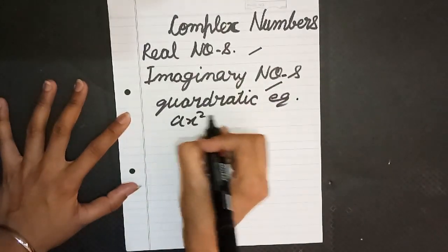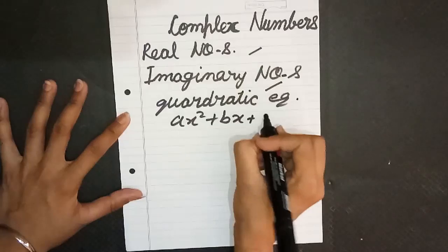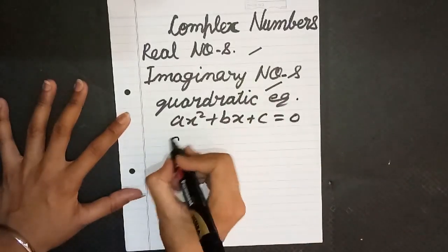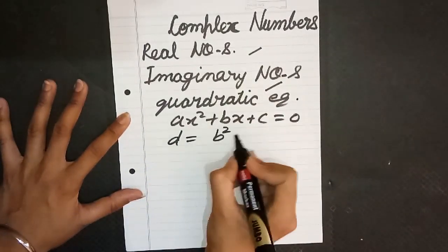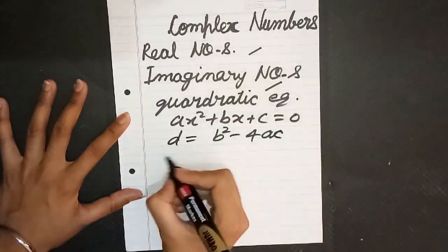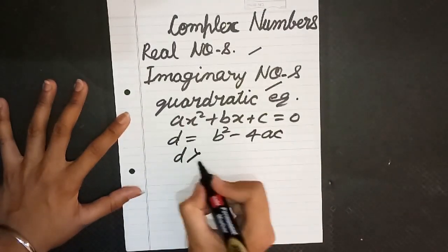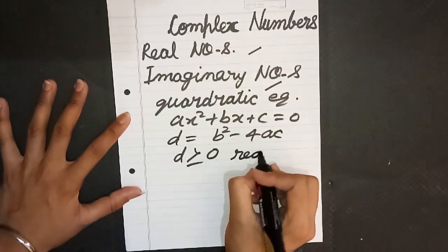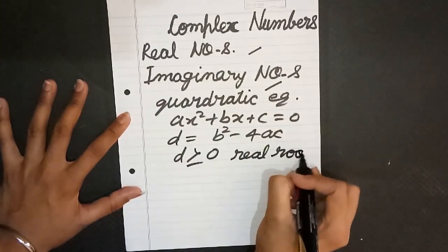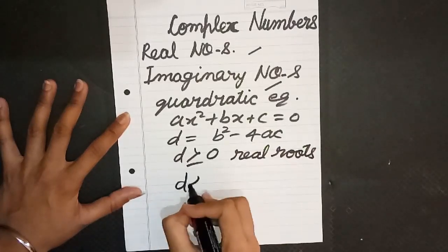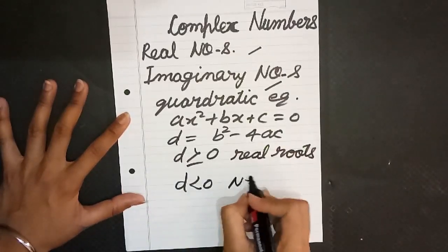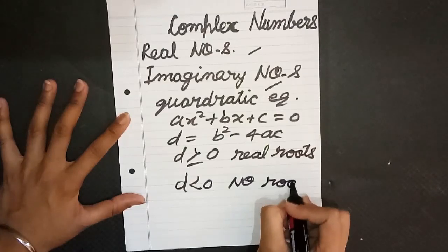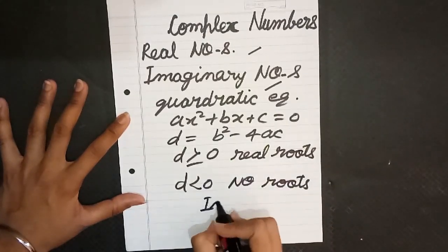So, in quadratic equations, let's take an equation. In this, discriminant is equal to b square minus 4ac. If discriminant is greater than or equal to 0, then it is called that it has real roots. Clear? And if discriminant is less than 0, then it has no roots or imaginary roots.